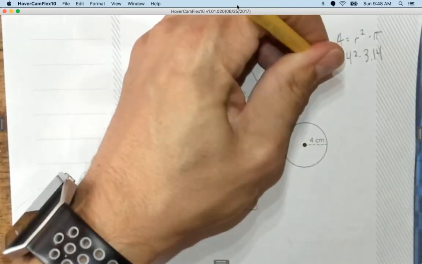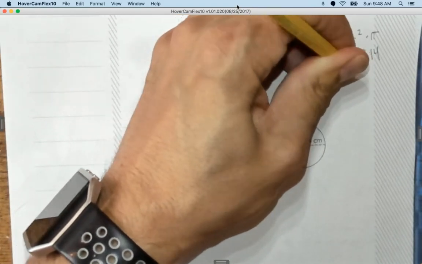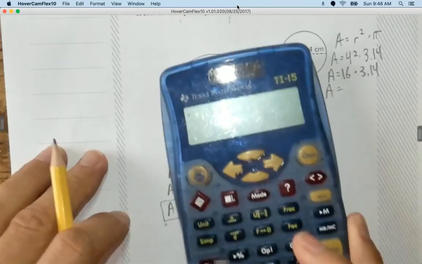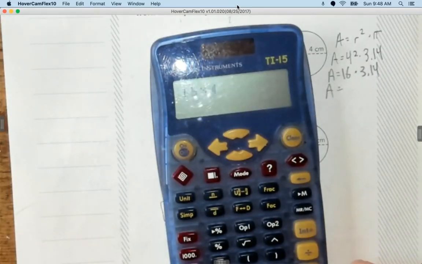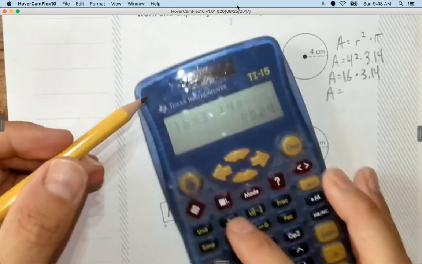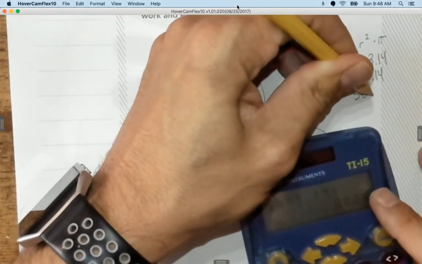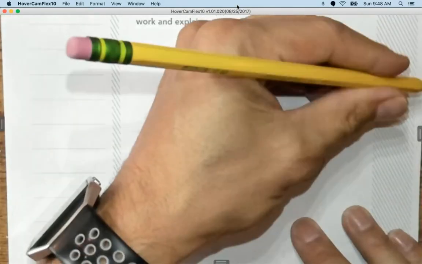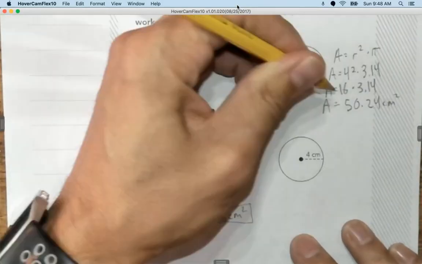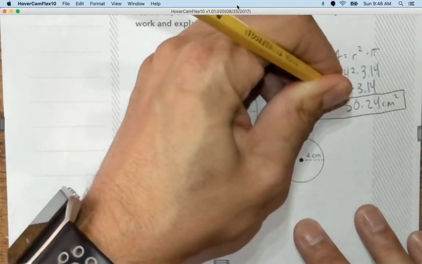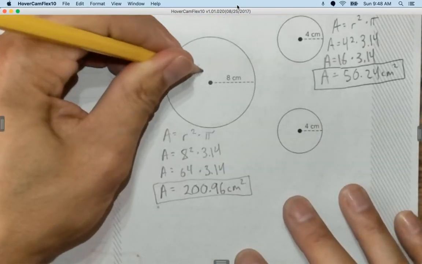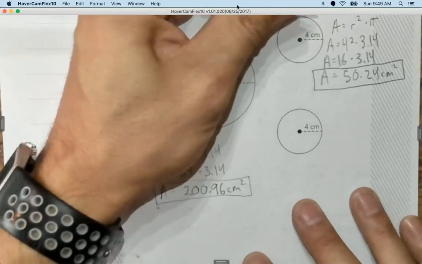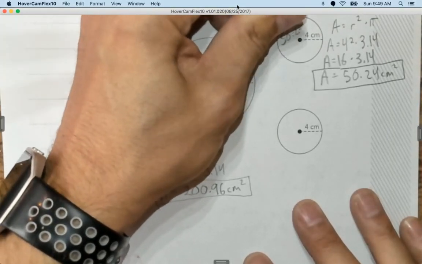Then that is going to be 16 times 3.14, and I get an area of 50.24, and that would be centimeters squared. Same unit. So this is 200.96 centimeters squared. This is 50.24 centimeters squared.